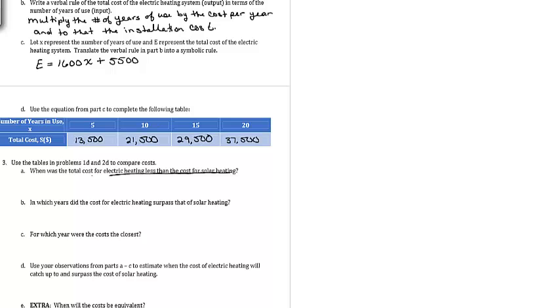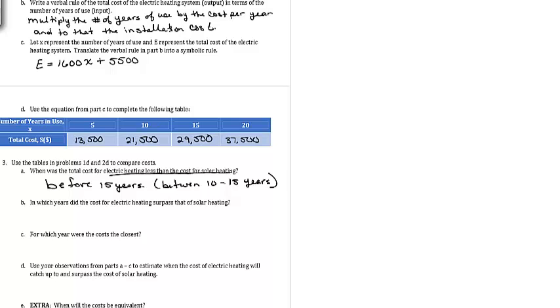And so when was the total cost for the electrical less than for the heating? And so that was before 15 years. Not exactly sure right now when that is, but for sure sometime before 15 years, or between 10 and 15 years is where that change is happening.